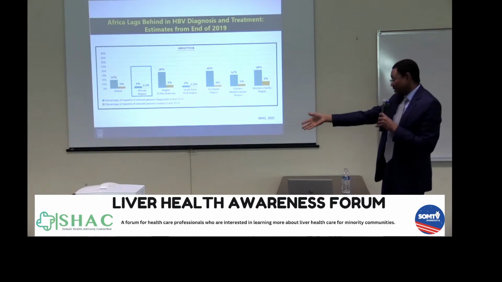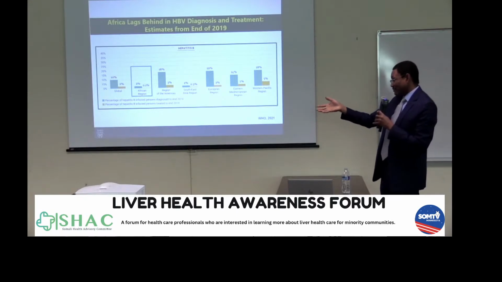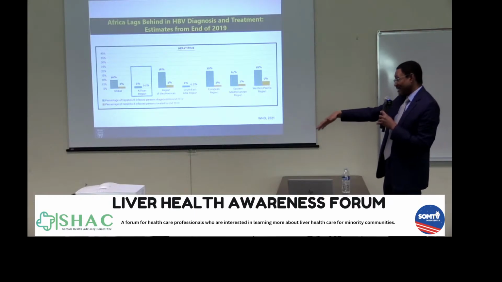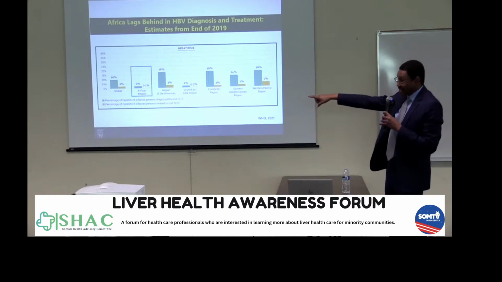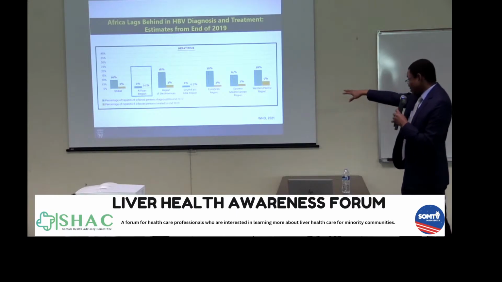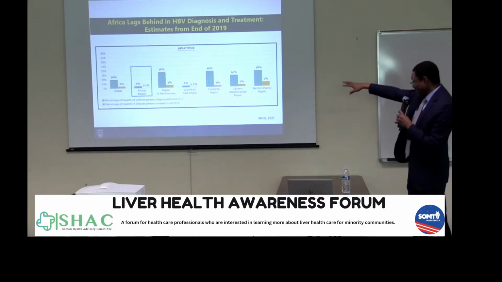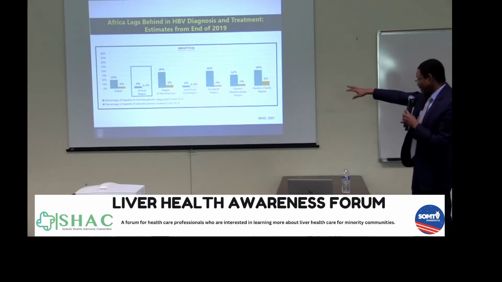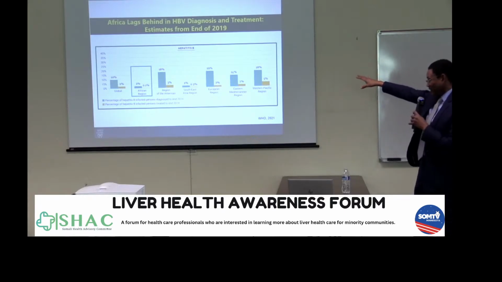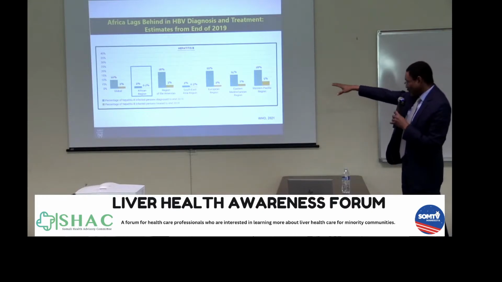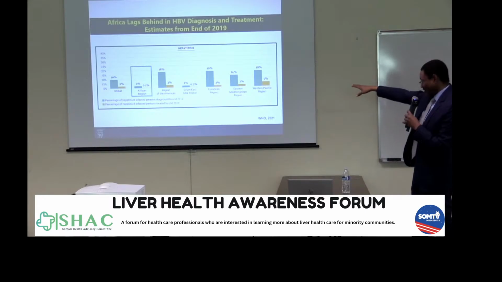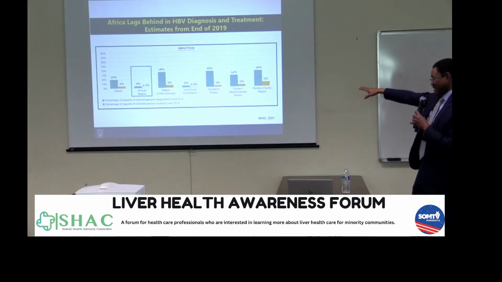Globally, only 10% of hepatitis B infected persons knew, at least in 2019, that they had it, and only 2% were treated. In some regions, in parts of the Western Pacific, for example, 18% of people knew they had it. In the Americas, 18% of people knew they had it. But again, treatment was in the range of 2 to 5%.